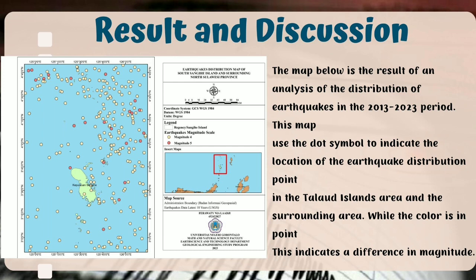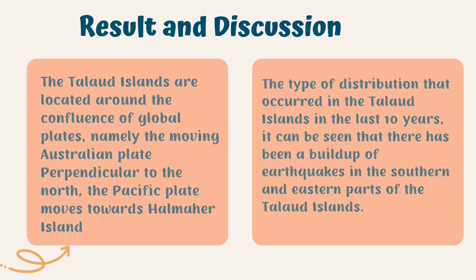The symbols on the map indicate the distribution of earthquakes in the Talaud Islands, while each color on the map represents the magnitude. Regarding the data in the map, the Talaud Islands are located around the confluence of global plates, namely the Australian plate moving perpendicular to the north and the Pacific plate moving toward the Halmahera Islands.